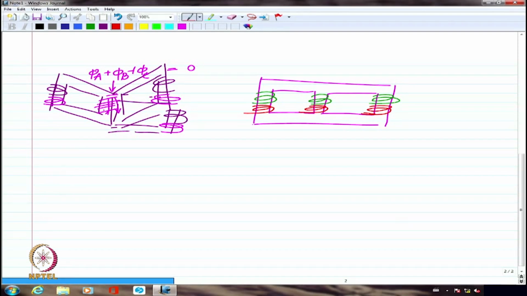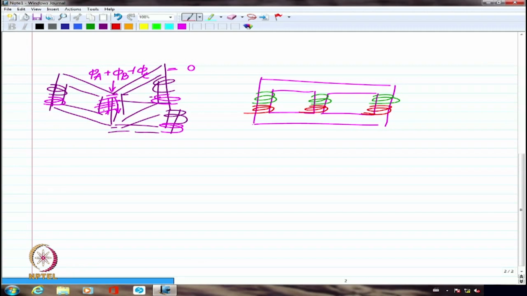Mechanically, it is not a viable structure because I need some kind of anchor in the middle. So, rather than having an anchor which is a dummy, I am saving on the iron material by simply having 3 limbs, which are not really 120 degree shifted, all right.